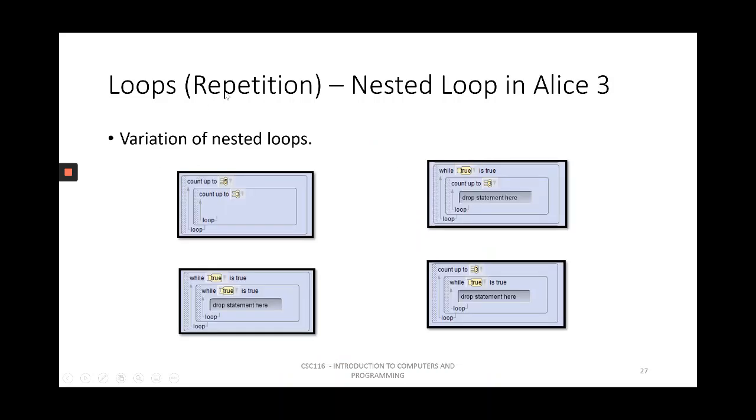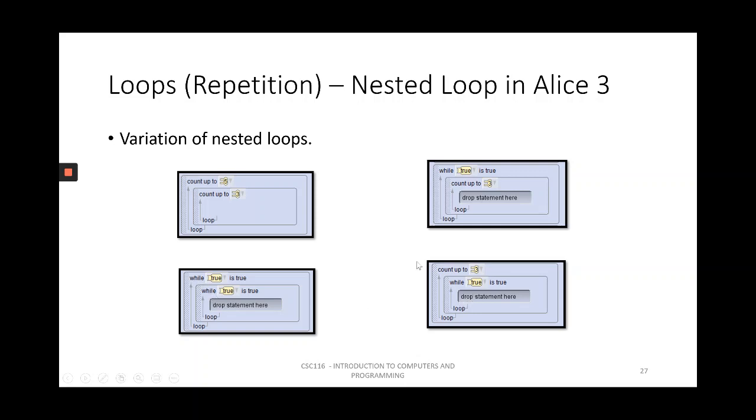So this is a variation of nested loop. Okay, for example, for count, count is the outer loop. Inside count, which is the inner loop, we also use count. For this example, the outer loop uses while, and then the inner loop uses count. Or for both blocks we use the while statement.